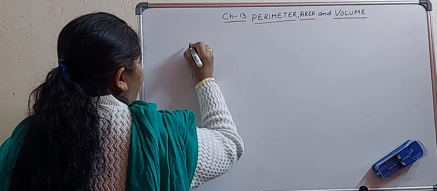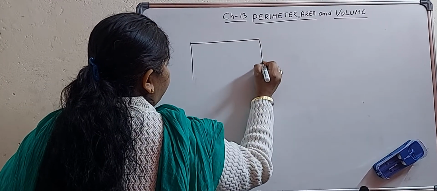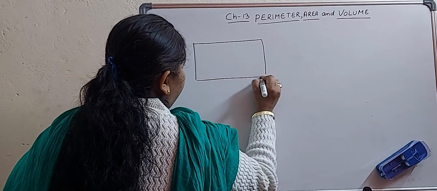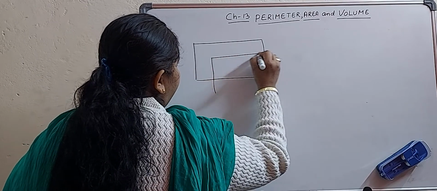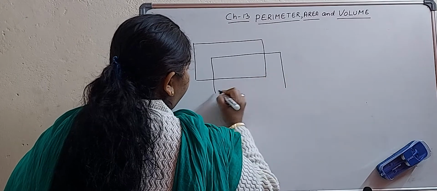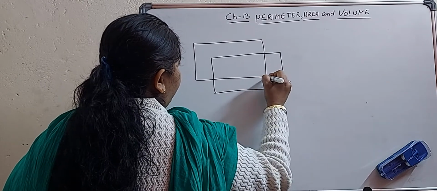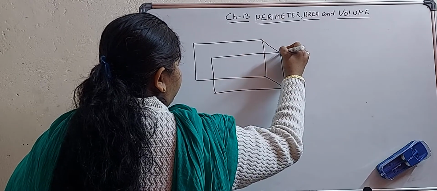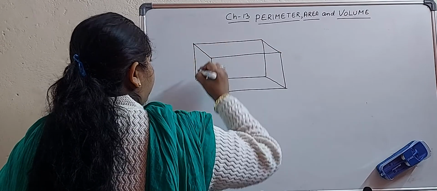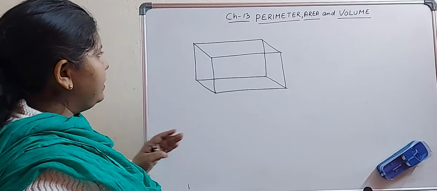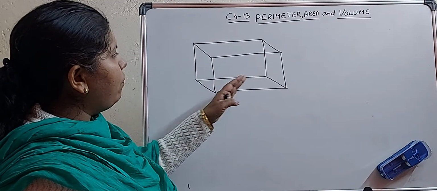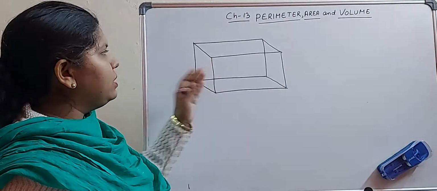So here is how we are drawing a cuboid. You first draw a rectangle, and from the rectangle itself it will be easier to draw a cuboid. You can see the area of each face of a cuboid is not the same.